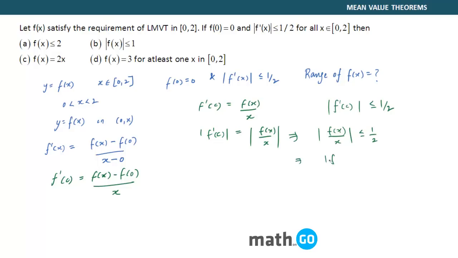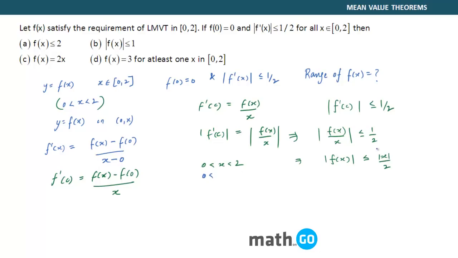Let me do another step. Why can I cross multiply mod x? Because x lies between 0 and 2. It's not 0, so it is basically a positive number. Now if x lies between 0 and 2, so mod x will also lie between 0 and 2 itself.